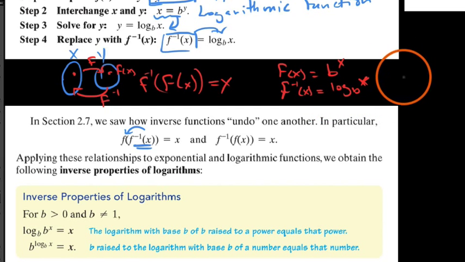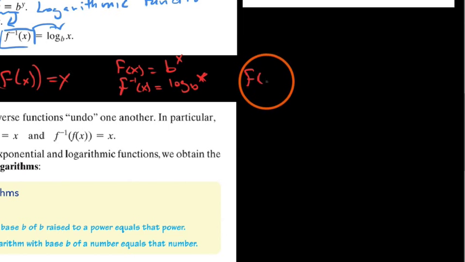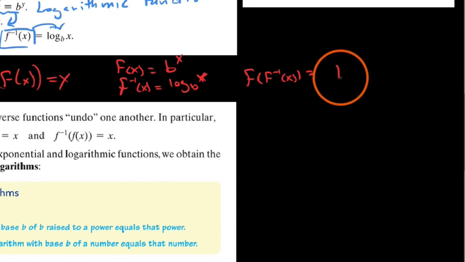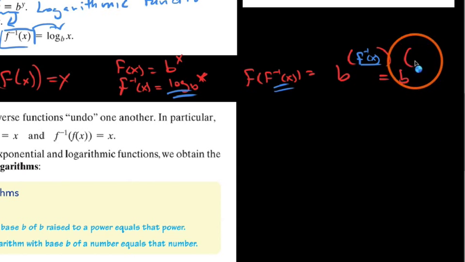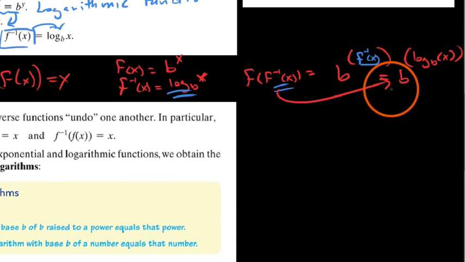So if we were to plug f of f inverse, we would get this expression where we're plugging into f of x, which is b to the x power. So everywhere I see an x here, I'm going to plug in f inverse of x, and so I would get b to the f inverse of x. But what I know is that f inverse of x is this thing right here. So in other words, I get b to the power of log base b of x. So I'm going to come back to this here.